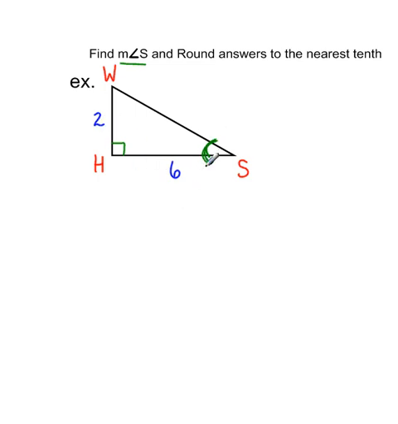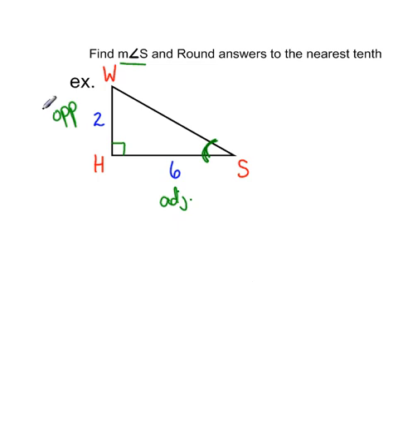In respect to angle S, how would you label the 2? Which trig vocabulary word would you use? I hope you said opposite. So I'll ask again. In respect to angle S here, how would you label the side length of 6? And I hope you said adjacent. Next question.